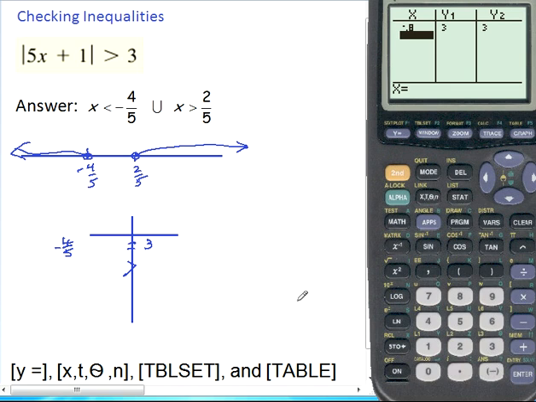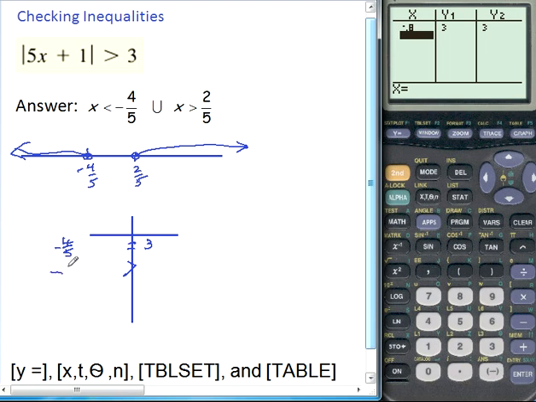Okay, and then let's pick a point to the left of negative 4/5 in the solution part. And one point might be -2. So let's just use -2. And it should make the number on the left bigger than 3.